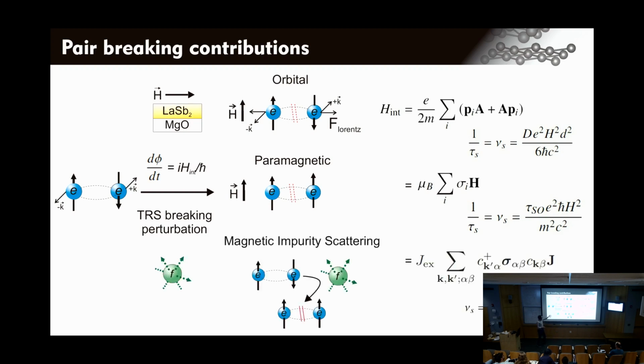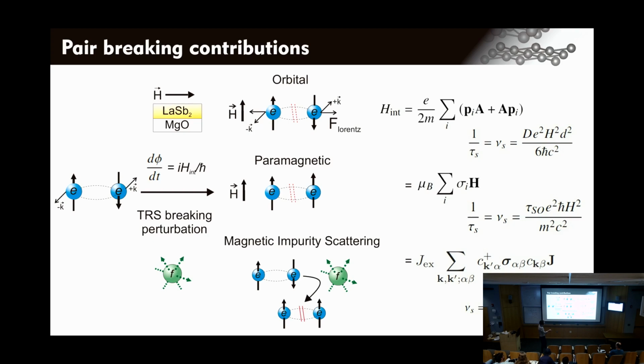So the subtle feature here is actually the magnetic impurity scattering. If you take anything away from today's lecture, I would hope that it's some intuitive understanding of how this magnetic impurity scattering is more complicated and more beautiful than just the orbital paramagnetic effect. So this is some exchange, and there's some scattering process and some angular momentum.